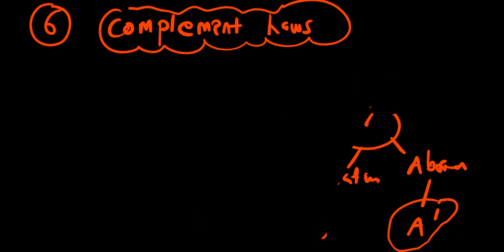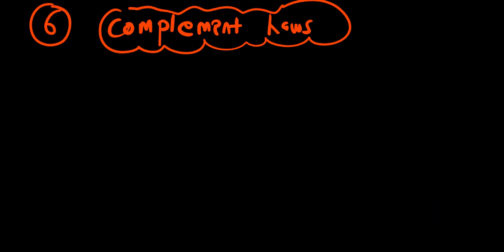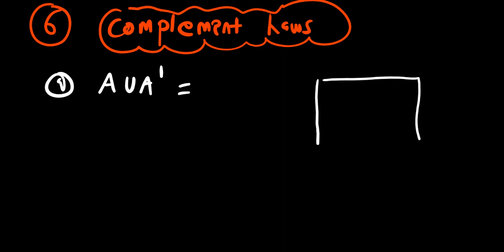Now with this case, the complement laws that you need to understand, let's start with the first one. If you are given A union A complement, what are you going to get? Let me explain this using a Venn diagram.